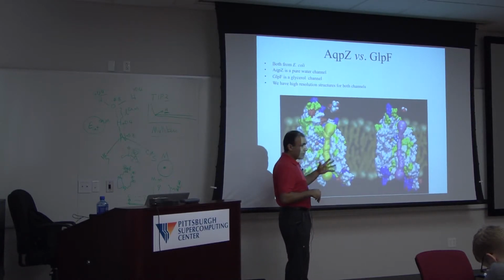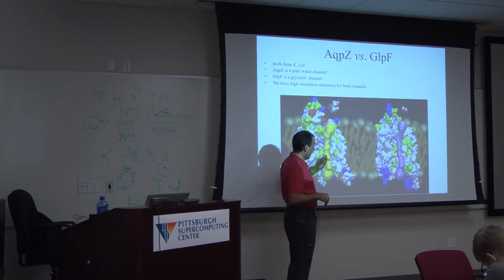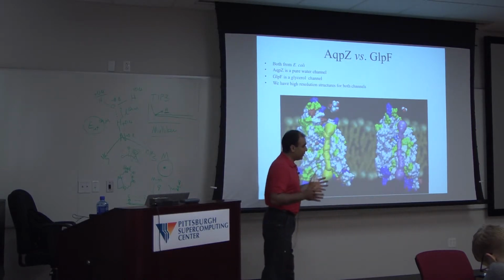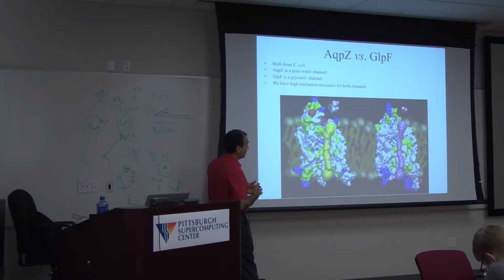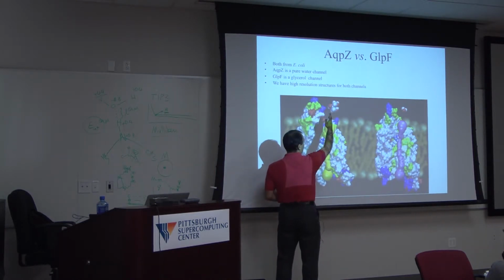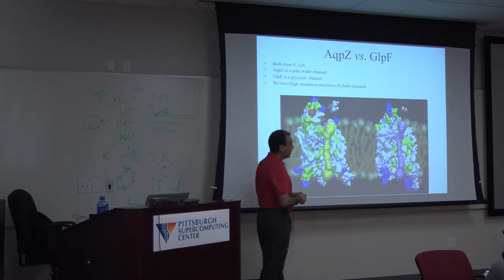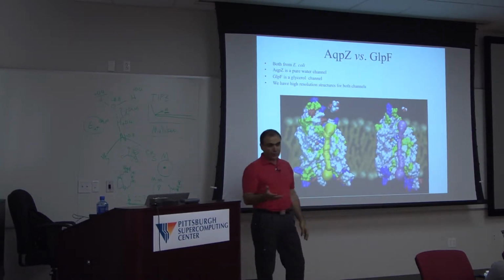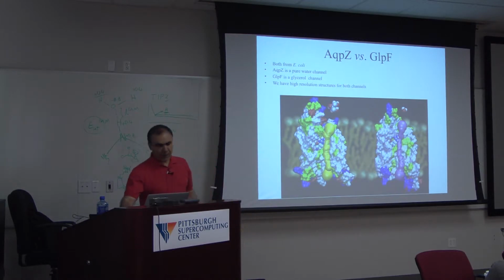If you run a very, very long simulation, you should be expecting this to happen spontaneously. But you can't have permeation of this big guy through a simple water channel. It doesn't happen. We know from biology that it doesn't happen. But even in this case, where it happens in biology, we can't simulate it long enough with a few copies of glycerol to see full permeation. So we have to do something else. I think Klaus talked about SMD, steered MD.